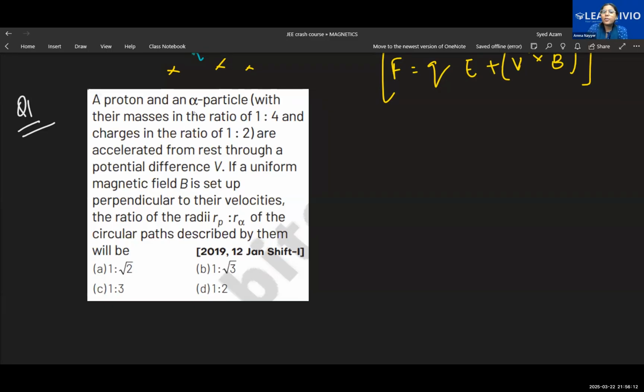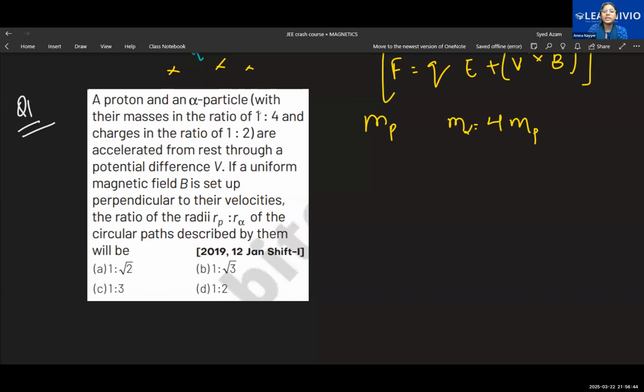So this is saying a proton and an alpha particle with their masses in the ratio of 1:4 and charges 1:2. In this question, it has mentioned the ratio of the charges and the ratio of the masses. This ratio should be remembered by you, since in all the questions it's not mentioned. If we consider the mass of proton as Mp, the mass of alpha particle is 4 times the mass of proton.